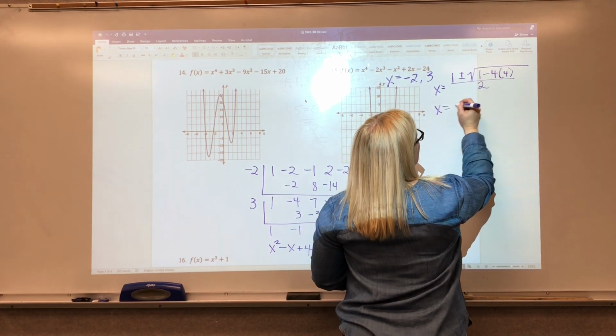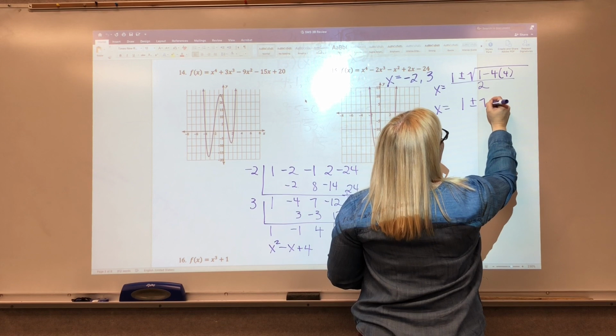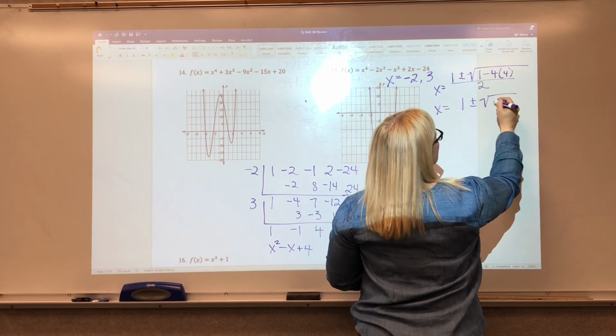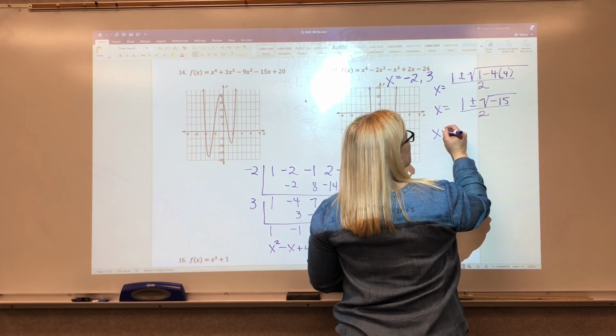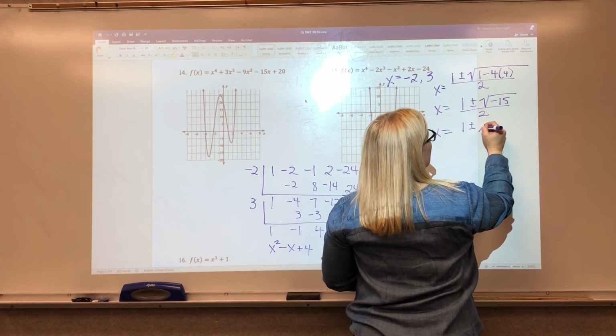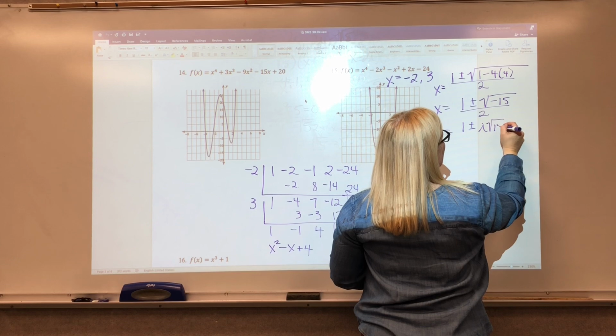So x equals 1 plus or minus the square root of 1 minus 16 is -15 over 2. So x equals 1 plus or minus I times the square root of 15 over 2.